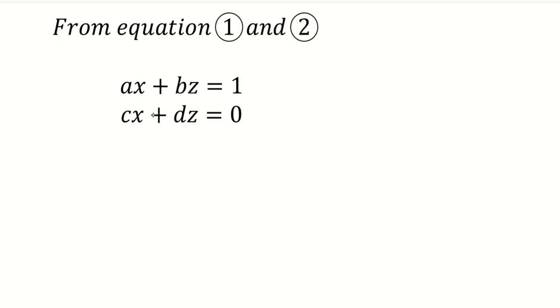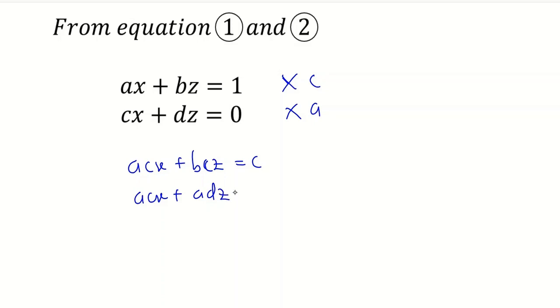By the procedure of elimination, we can multiply equation 1 by C and also multiply equation 2 by A. When we multiply, we have a new equation, ACX plus BCZ is equal to C. And when A multiplies equation 2, we have ACX plus ADZ is equal to 0.